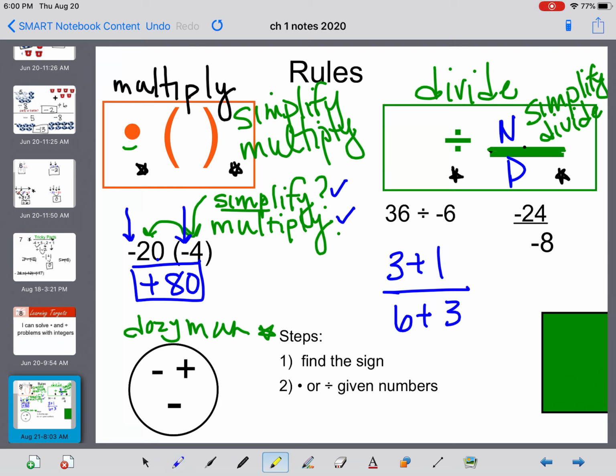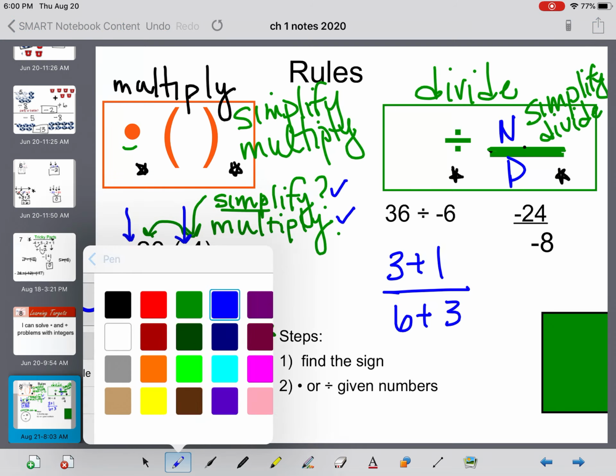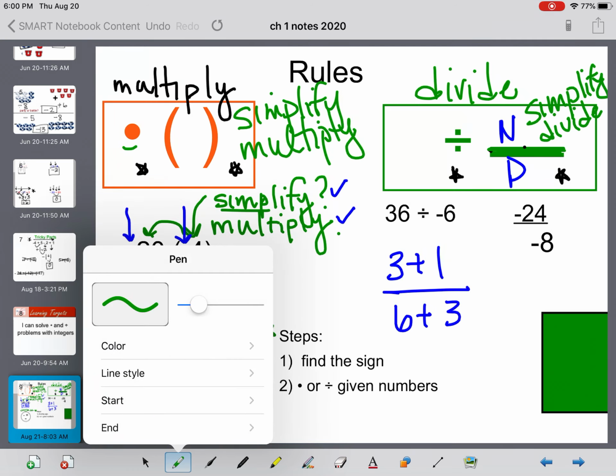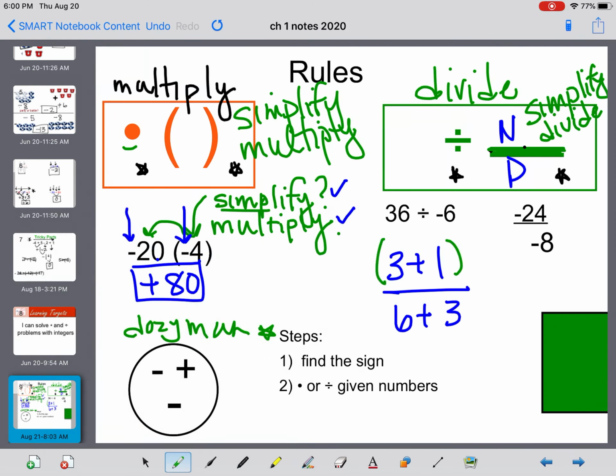It's almost like there is a little invisible set of pretend parentheses around the numerator and the denominator. You need to simplify first before you do any dividing, okay?